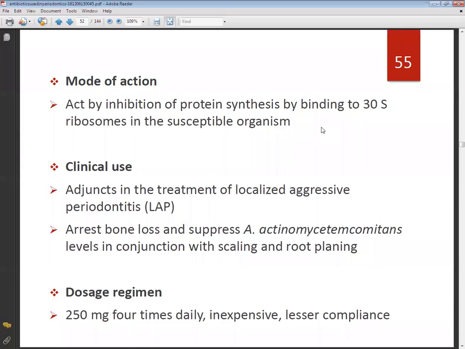What is the dose of this drug? 250 milligrams 4 times daily, that is QID, for about 7 days. This drug is also inexpensive.